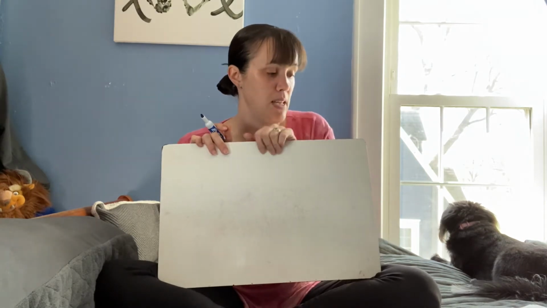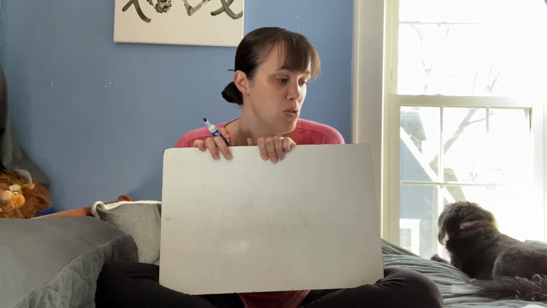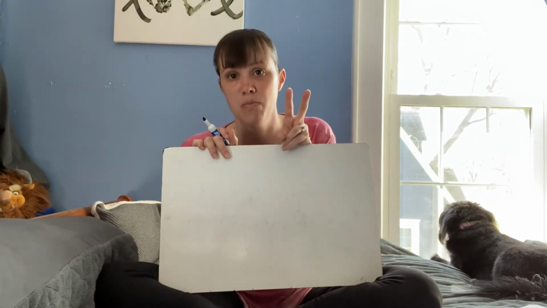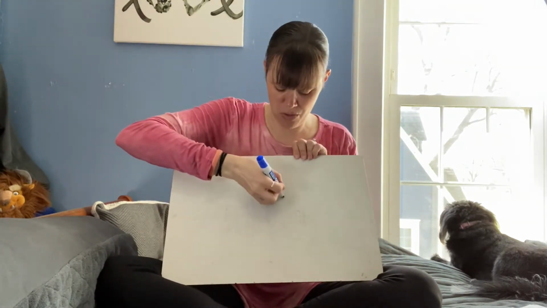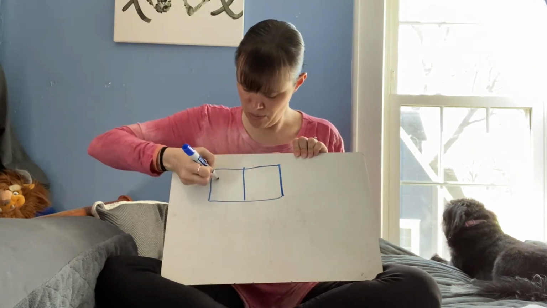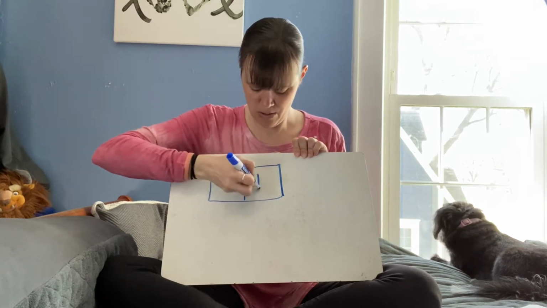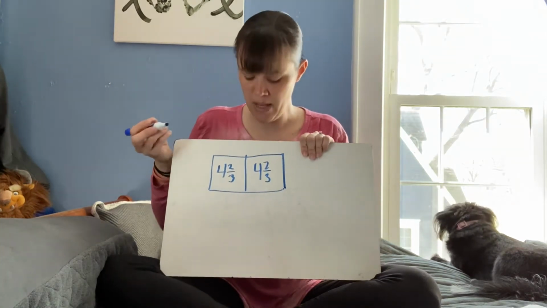The first one says, draw tape diagrams to show two ways to represent two units of 4 2/3. So we're going to draw two tape diagrams that show the same thing. If we want 2 4 2/3, we can just simply do 4 2/3 twice. See, that was simple enough.